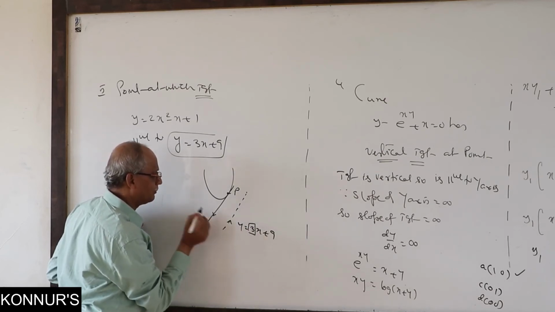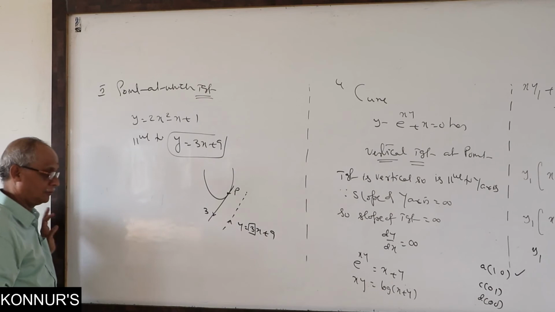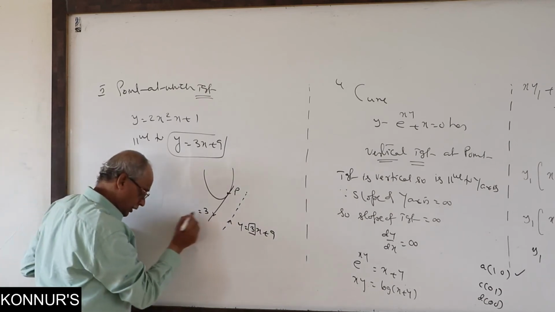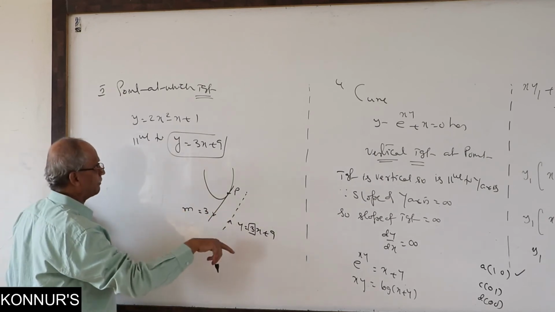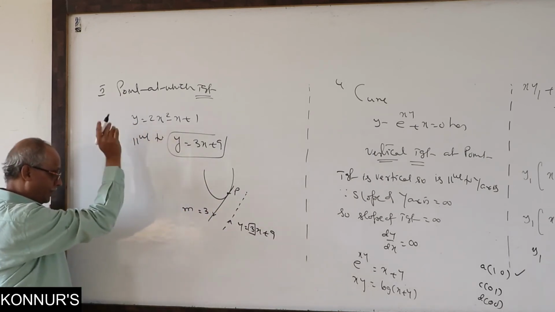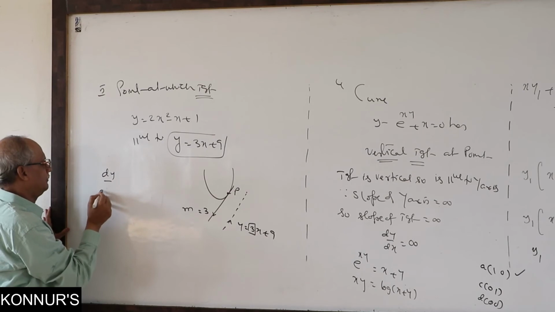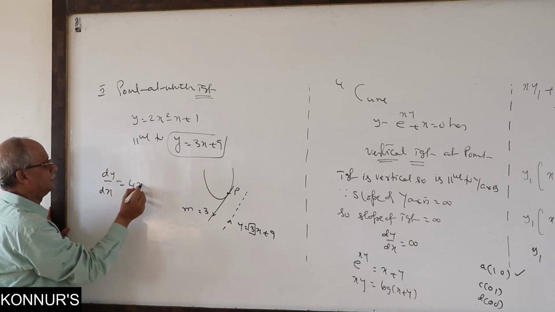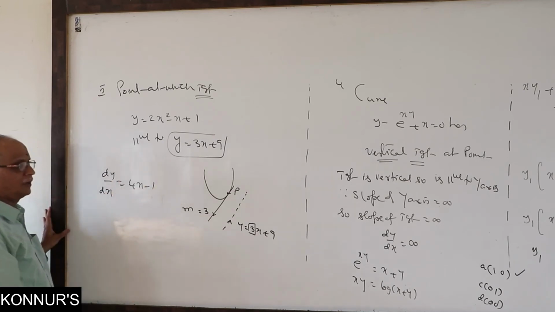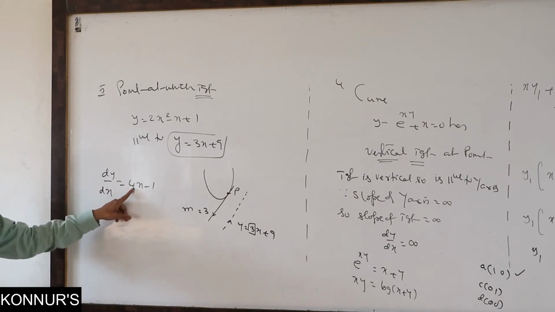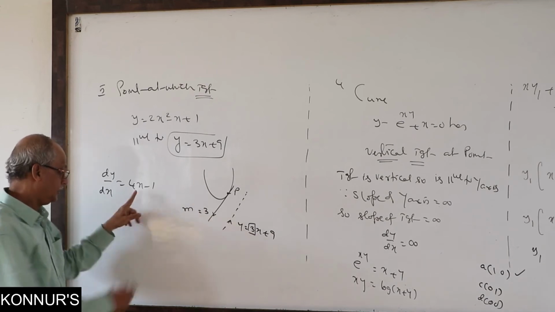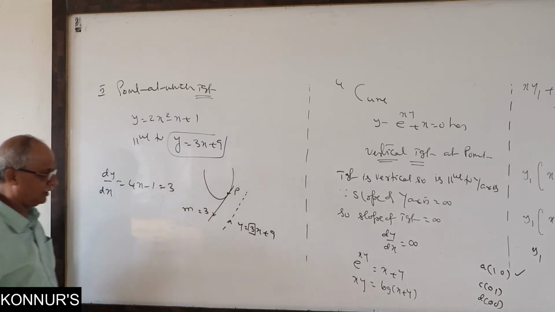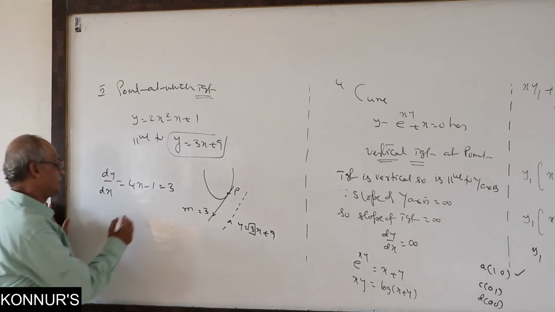Then here what is the slope? 3 only. m equal to 3. What does m represent in this chapter? dy by dx. For that, we now have to go back and find the differentiation, that is 4x minus 1. This is the slope of the tangent to the curve. This is the slope of the line. Equating these numbers, the slopes are equal. Then x equal to 1.